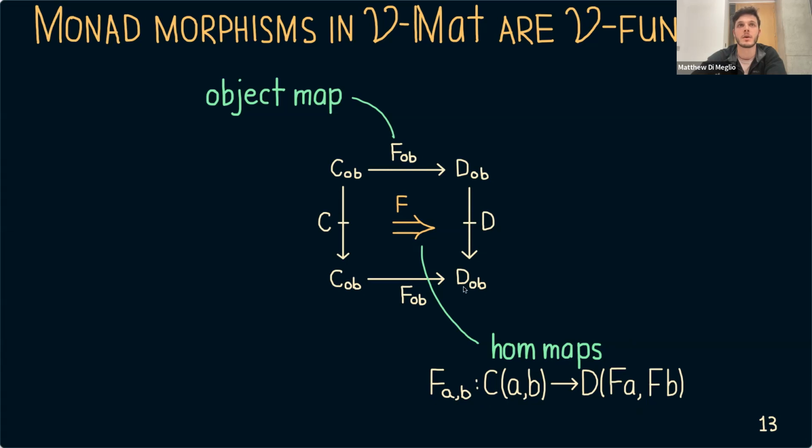And then the compatibility conditions that I showed you on the previous slide guarantee that the composition and the units of these enriched categories are preserved by the enriched functor in the way that you would expect. So the monad morphisms in this double category are the enriched functors.